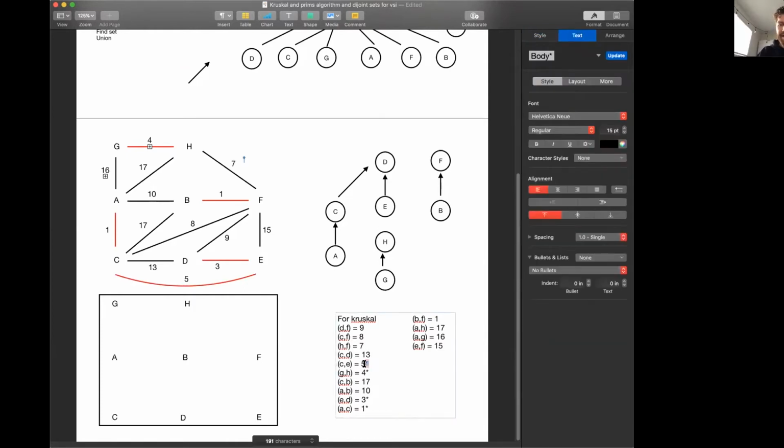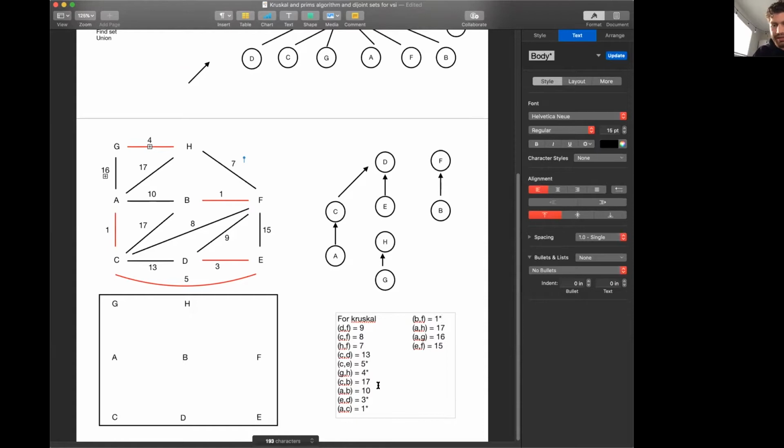What's the next edge that I need to go over after CE? So here in our edges, the next edge that I need to touch on is the next smallest edge, which is HF. It has 7. Here we processed this one already.